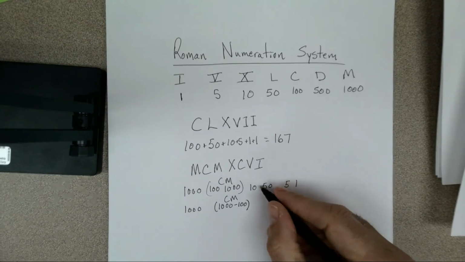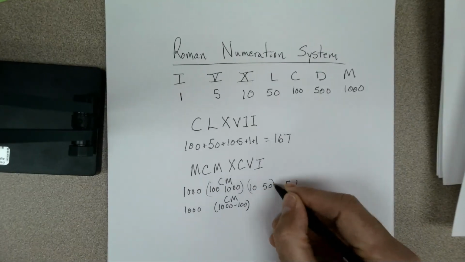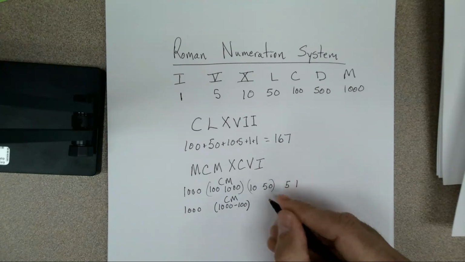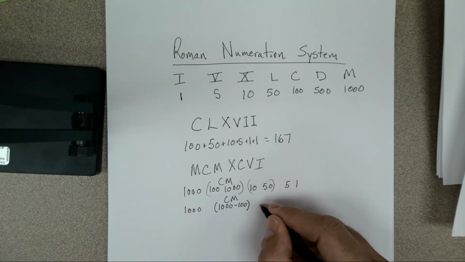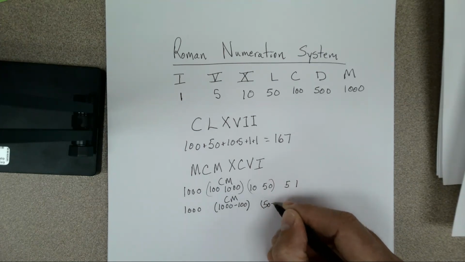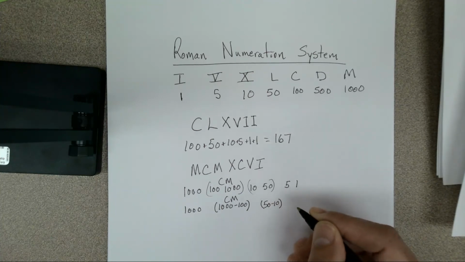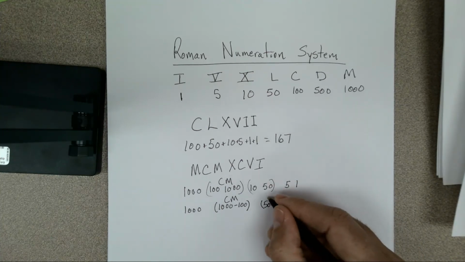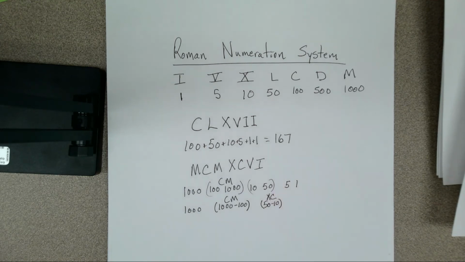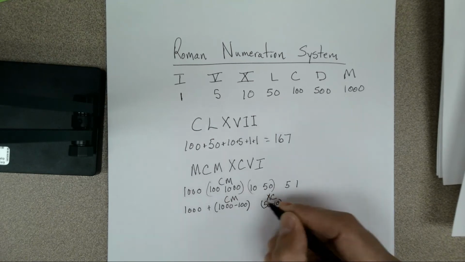All right, the same with this here. This is smaller to larger, so you're going to actually take 100 minus, subtract 10 from it. Okay, so that is your XC here. And then 5 and 1. So now you just add these up.